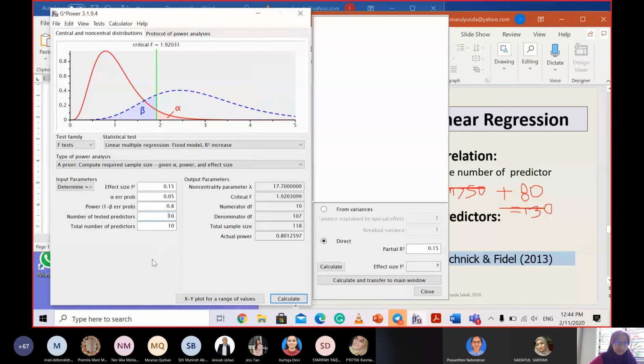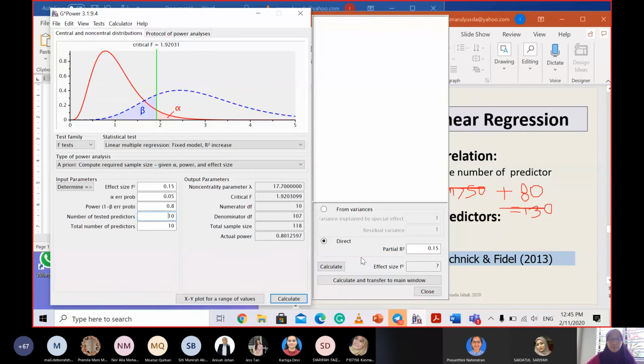But in this example, with the medium effect size and the power, I need 118. So this is very specific compared to the formula.